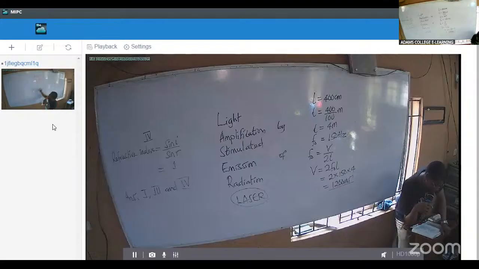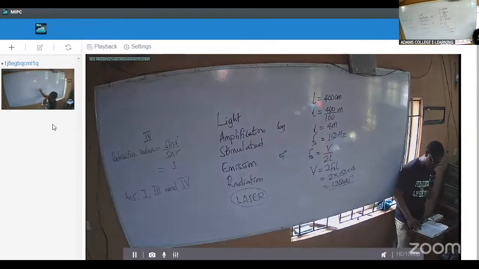Light of wavelength 4.5 times 10 to the minus 7 meter is incident on a metal, resulting in the emission of a photoelectron.